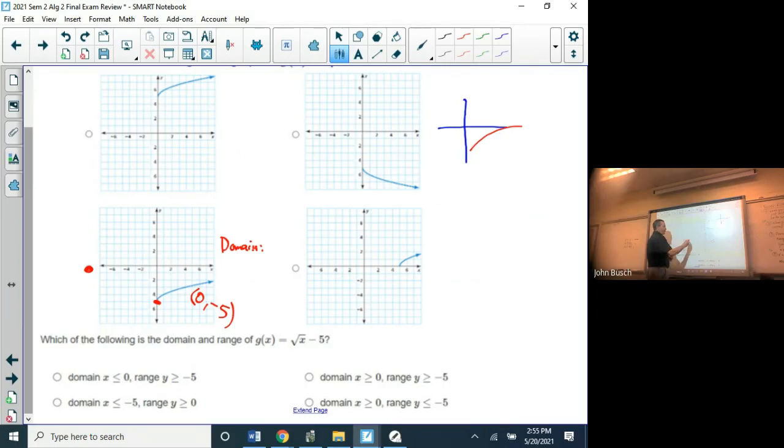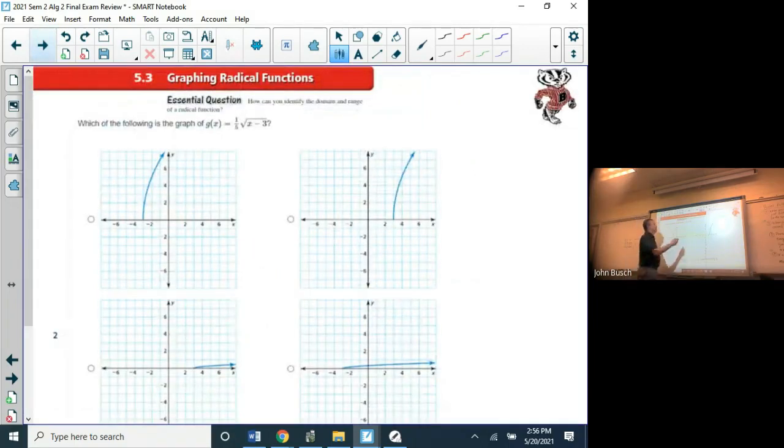And since it goes to the right, x is greater than 0. And the range should use this -5. So y, since it goes up, is greater than or equal to -5. So it's this one. Remember to use that endpoint when you decide.